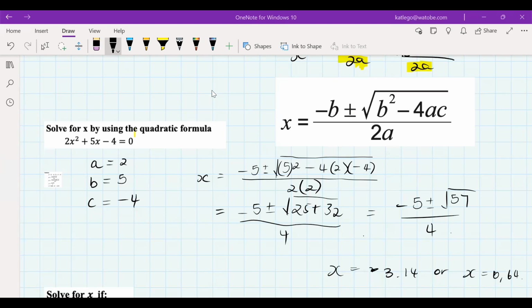But for instance, if you're writing a test where you're not allowed calculators, then you cannot, unless there is a perfect square under there, then you can do it. If there's a perfect square, then simplify as far as possible. Okay, thank you, ma'am. You're welcome.